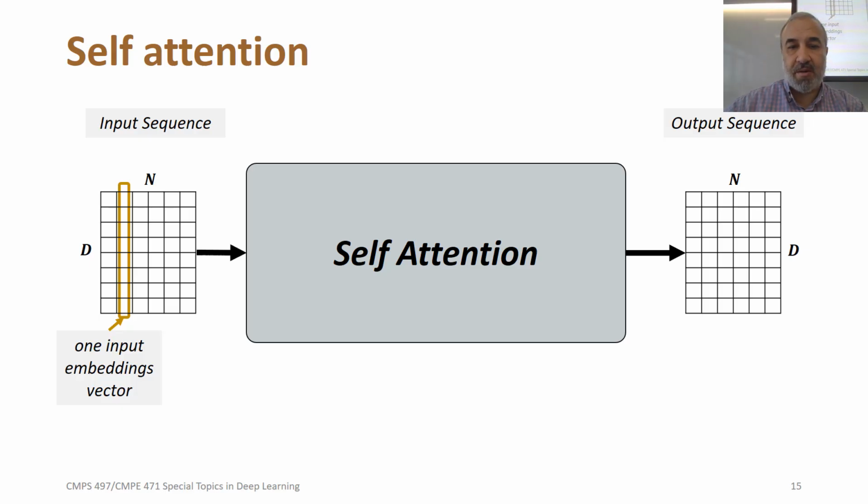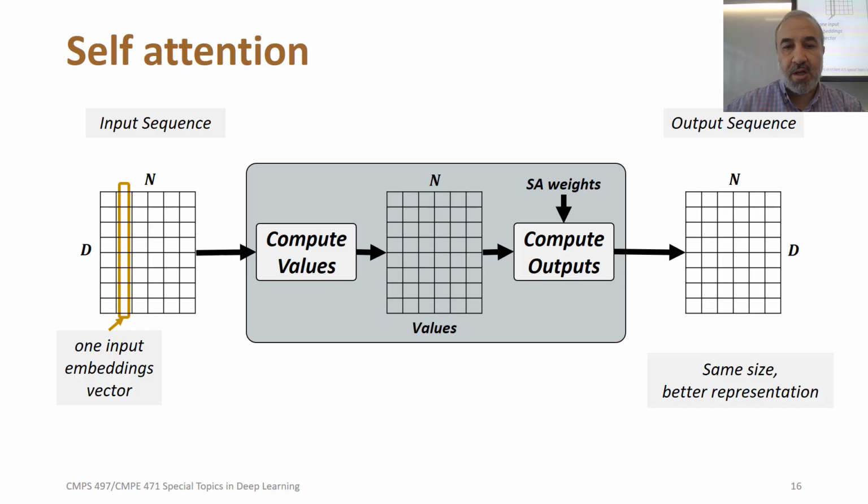Last time we mentioned that it has two steps. First, we compute what we call value vectors, and then we compute the output vectors. And to compute the output vectors, we need what we call the self-attention weights. This is where we stopped last time, where we were talking about the first step in computing the self-attention weights.